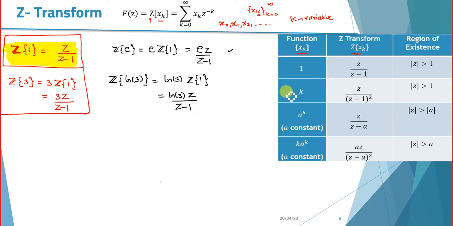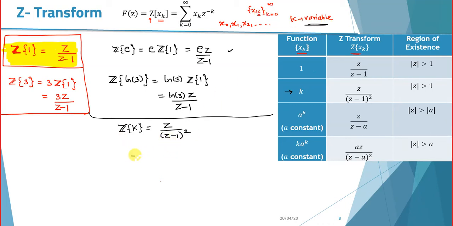Now the second rule says that the Z transform of k is z over (z minus 1) squared. Here again 1 is fixed, it cannot be changed. And k is not a constant, k is a variable, the sequence variable.